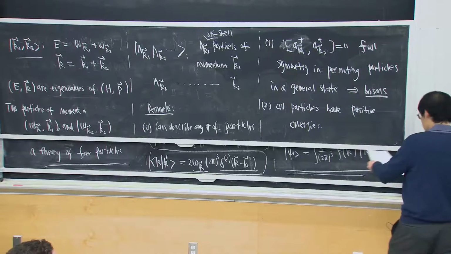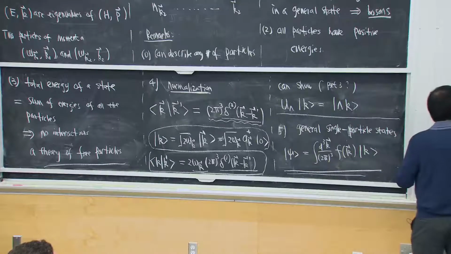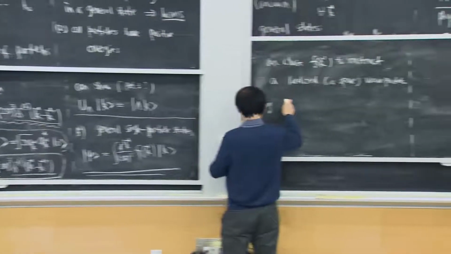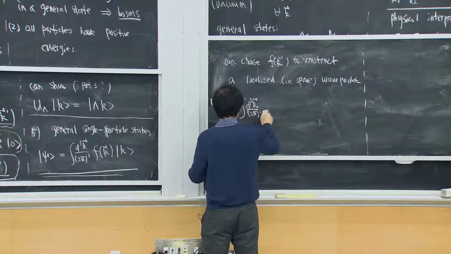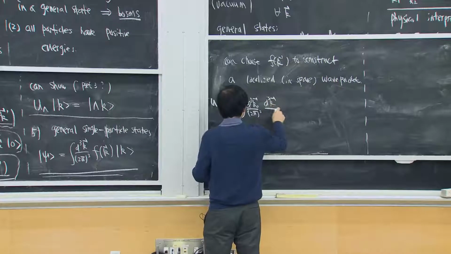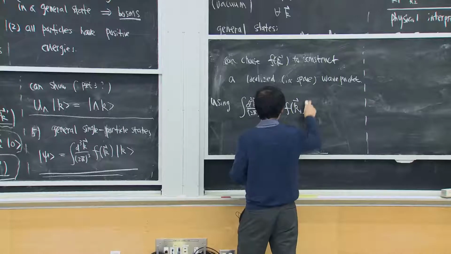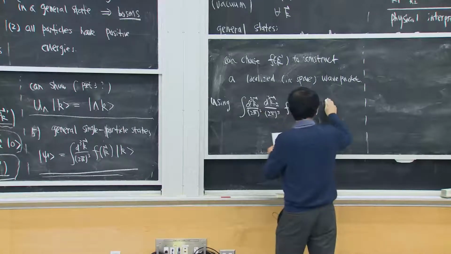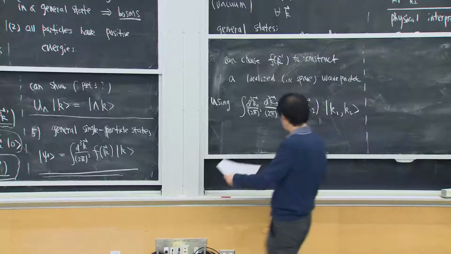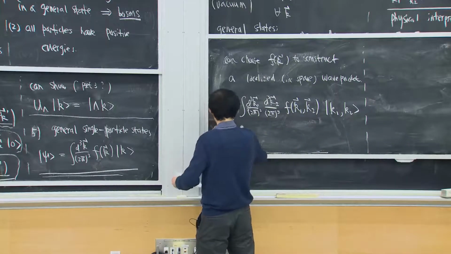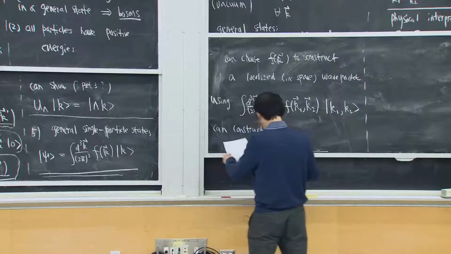So now you can solve this problem by using, say, d^3k1/(2π)^3, d^3k2/(2π)^3. By choosing appropriate functions of k1, k2, you can construct two widely separated wave packets, okay?